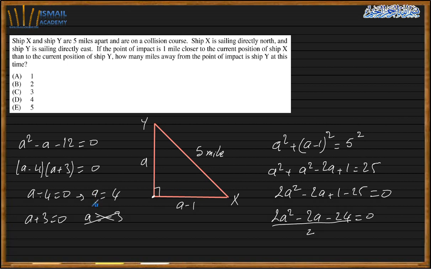So A must be 4. This is how far from the point of impact. So 4 is my answer. Next question.